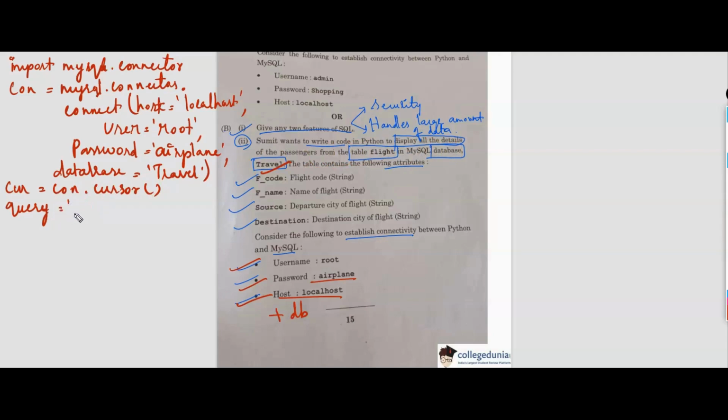So you write a very simple statement: select star from flight. Then close the quotation marks, and by using the cursor object cur, we are going to execute this query with the execute function: cur.execute(query).